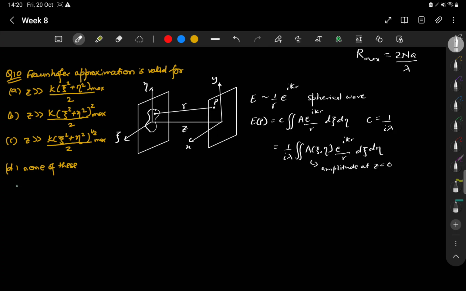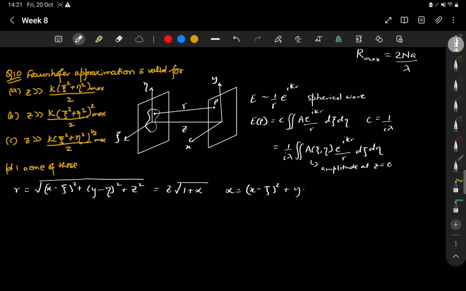Now what is r? r is, from coordinate geometry, the following. I can take z common out from it, so this will give me z square root of 1 plus alpha, where alpha has terms in x and y.